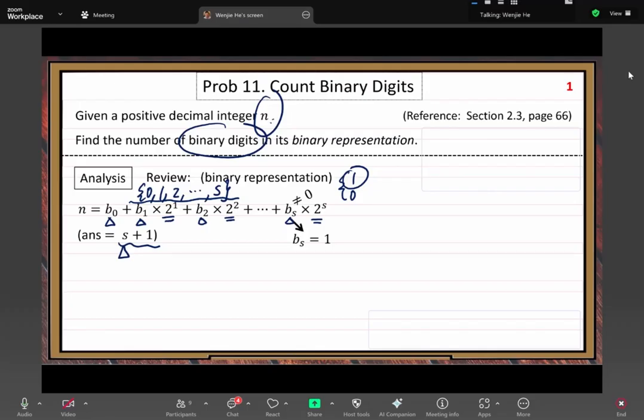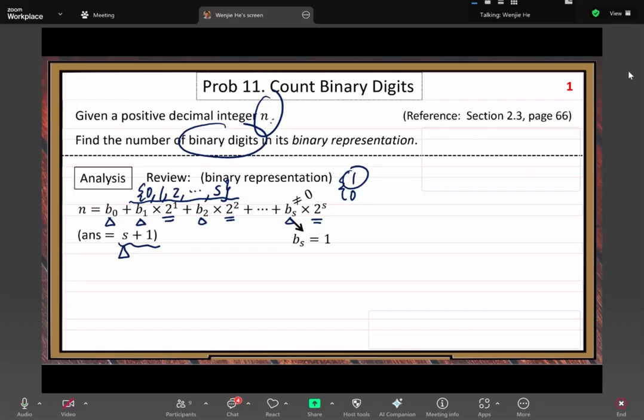We don't want to see S in our final formula. We want to see some function related to n, not the S function, an n function. So we need another step to get an n function here.